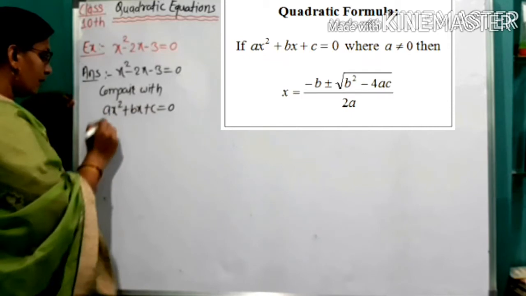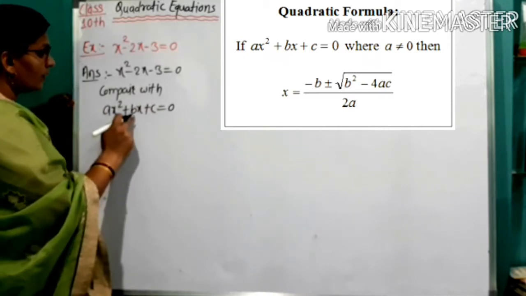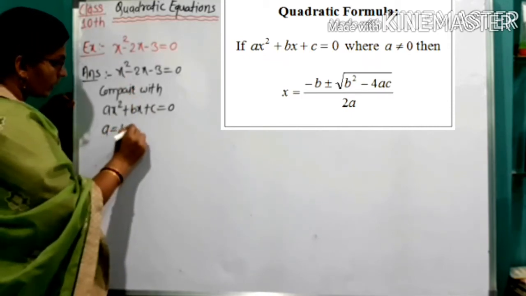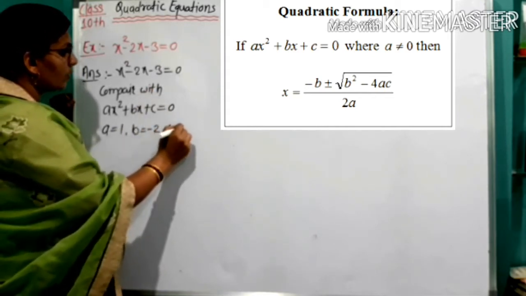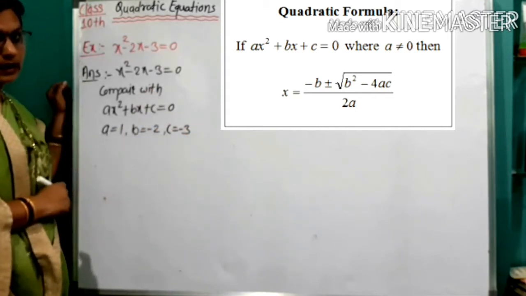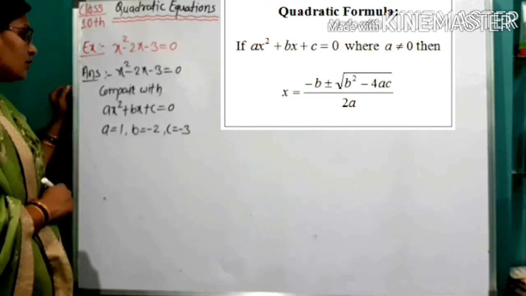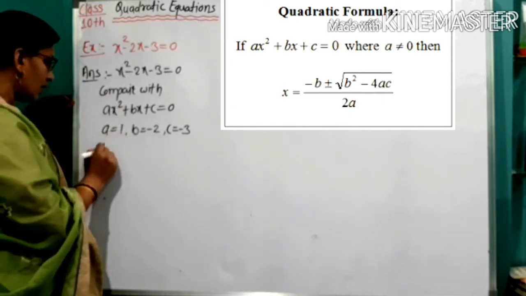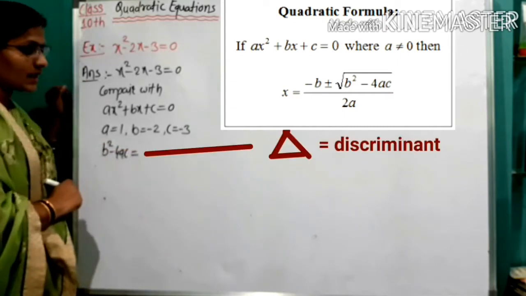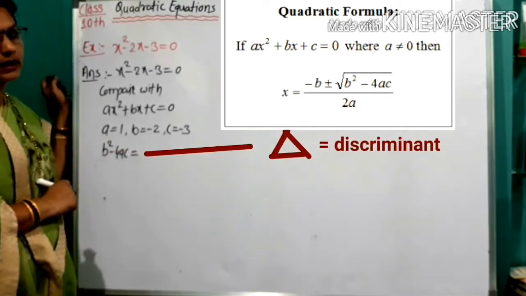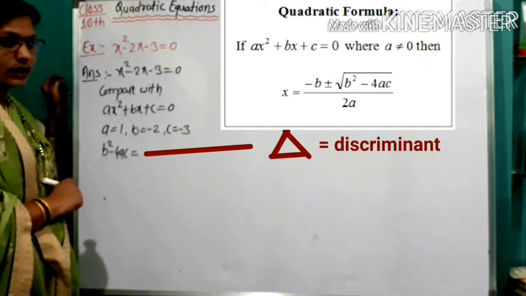Then we have the value of a equal to 1, value of b equal to minus 2 and value of c equal to minus 3. Then first we find the value of b square minus 4ac. This b square minus 4ac is called the discriminant, denoted by delta.